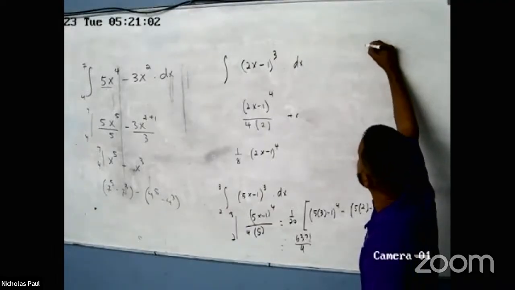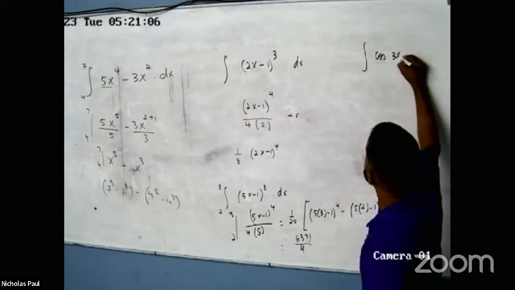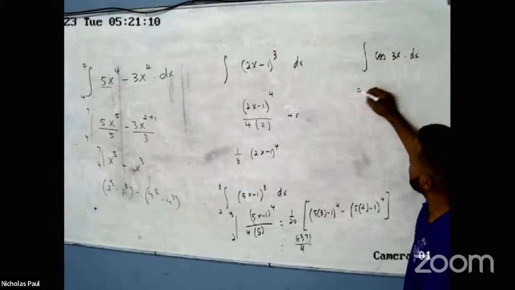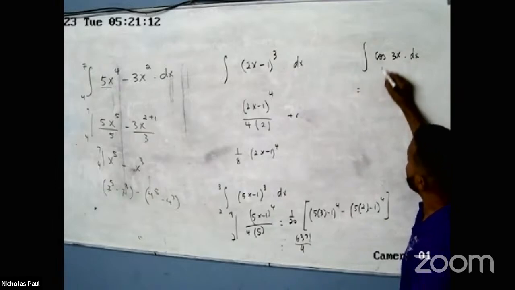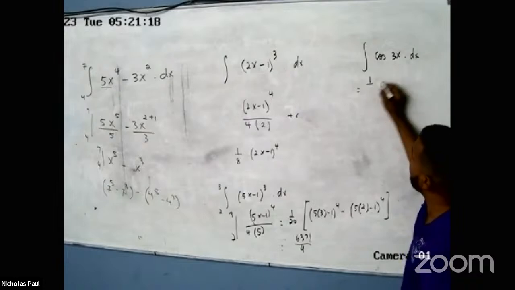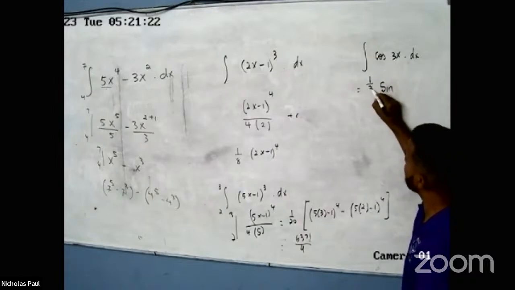How do we integrate cos 3x? To integrate cos 3x, we integrate cos and we get sine, and then we put 1 over the differential of 3x, which is 3.